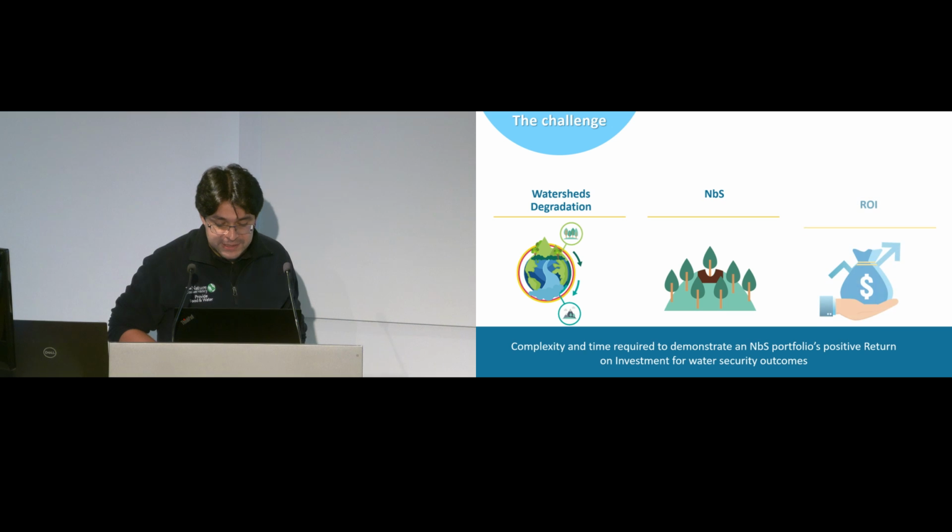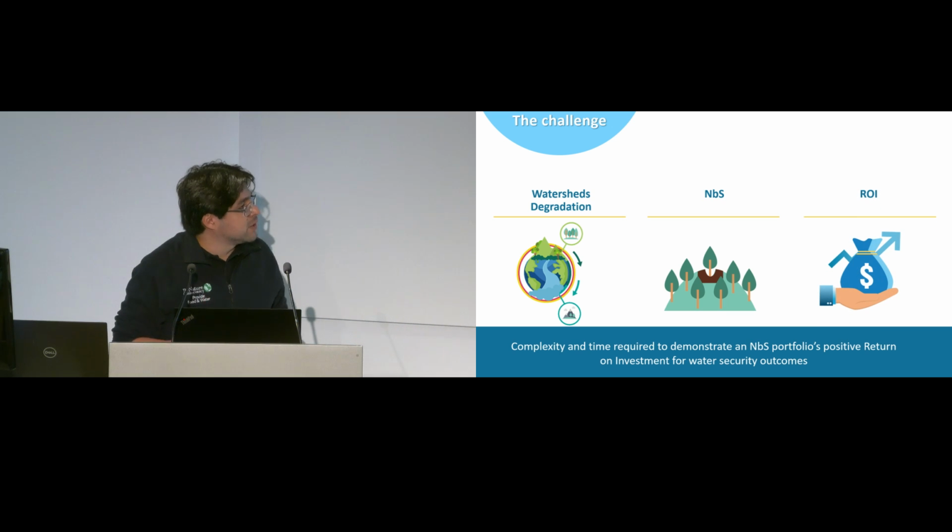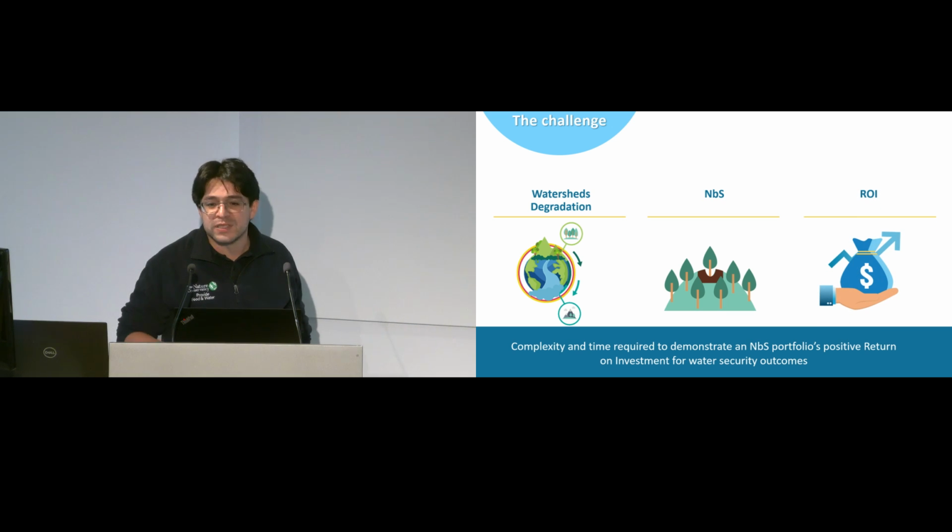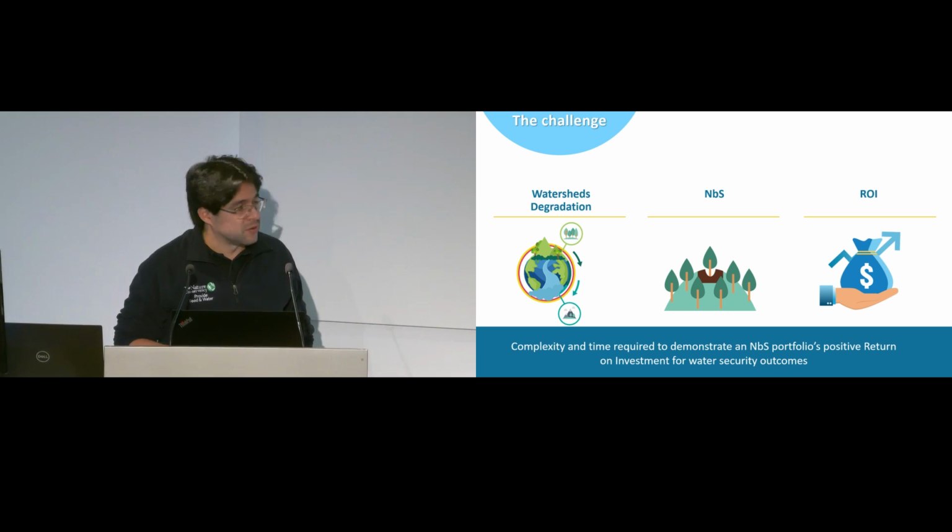But the problem is that if you want to demonstrate a positive ROI of these nature-based solutions, usually it's very complex and time requirement, right? In our experience, to have a pre-feasibility analysis of an NBS portfolio with the ROI analysis, it can take like 6 to 8 months, right? And it's quite expensive to have that kind of information.